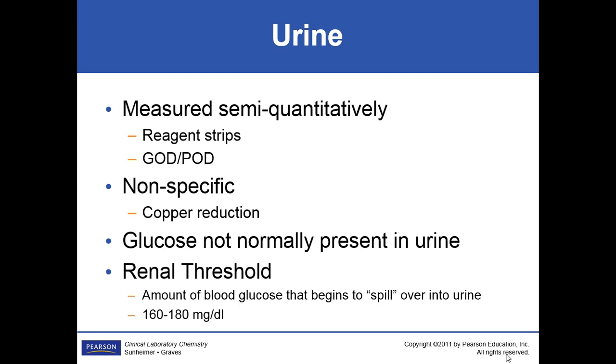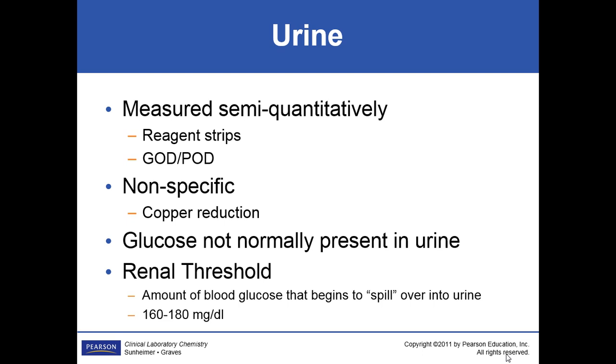And children, especially newborns, could have a reducing substance problem that's not glucose. And so we do a non-specific test, and we will also do this in your analysis, a copper reduction. You can say you've got a reducing substance problem, but I can't tell you which one. Okay?